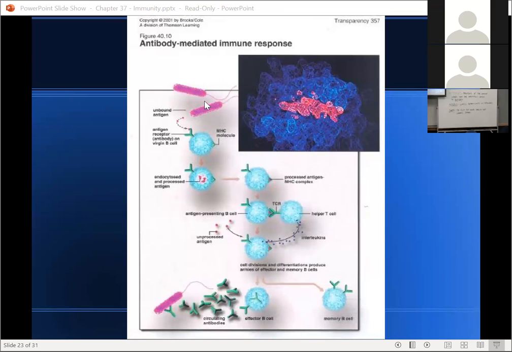This usually, what happens here is, trying to make this simple for you. So the B cell, when it encounters the antigen, of course, that's in the lymphatic tissues.